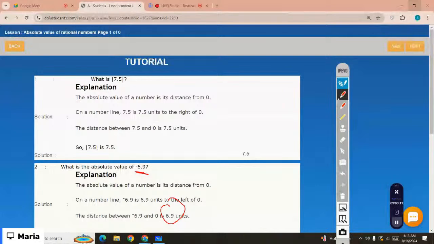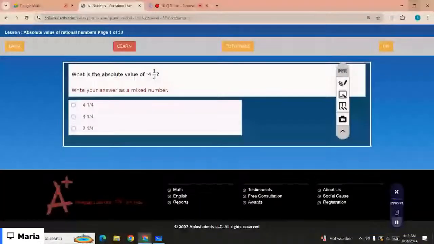Let's just start with the test questions. What is the absolute value of negative 4 whole 1 over 4? So which is the correct option?